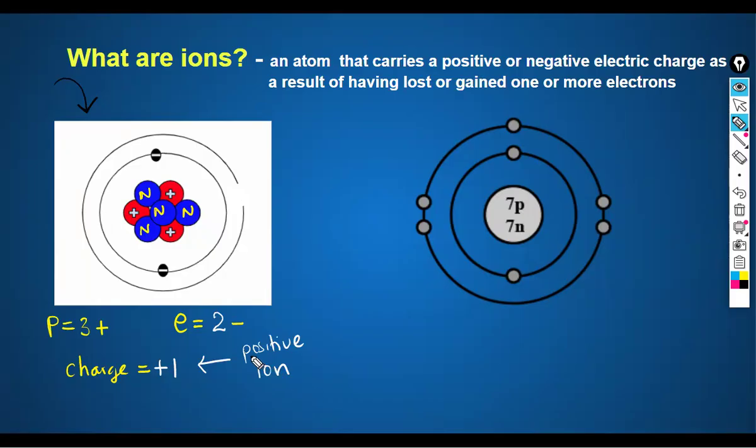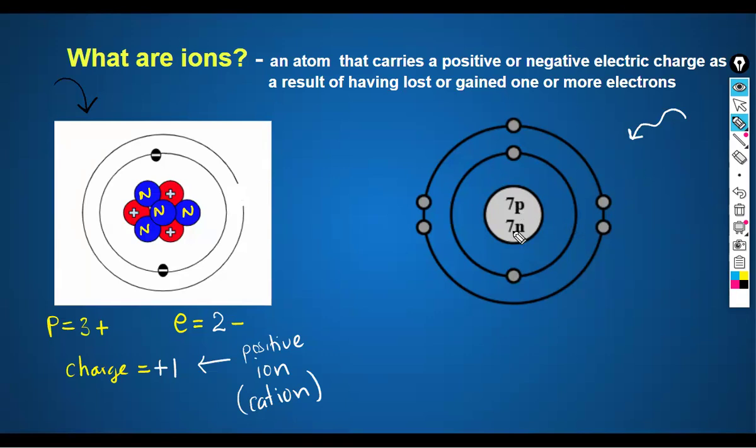Some people will call it a positive ion, or they will call it a cation. A cation is another name for a positive ion. That is simply when there's more protons than electrons. Real simple.